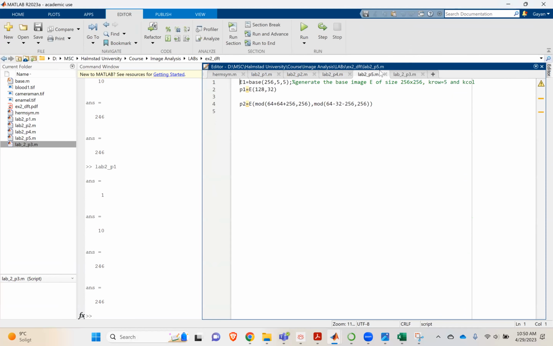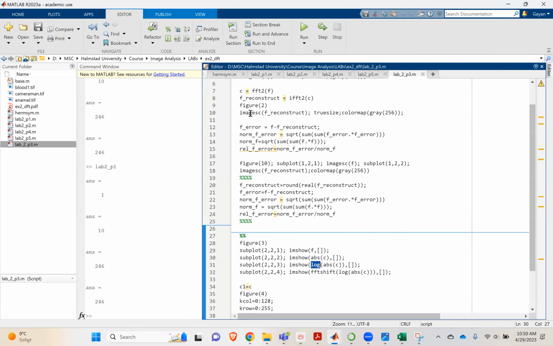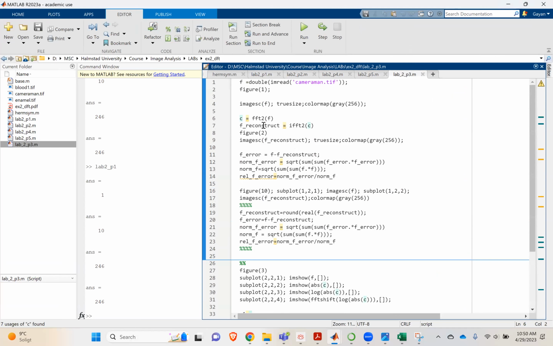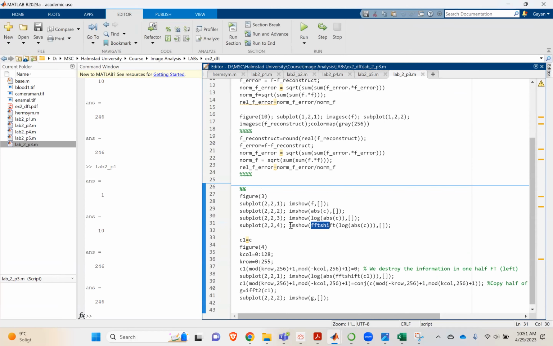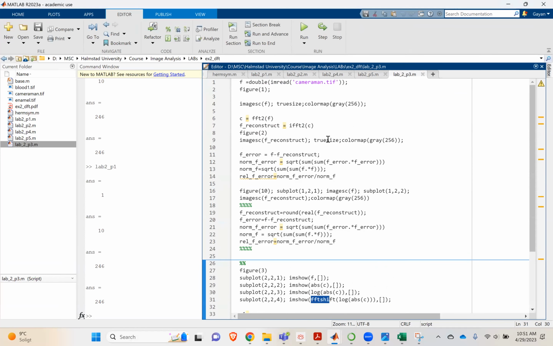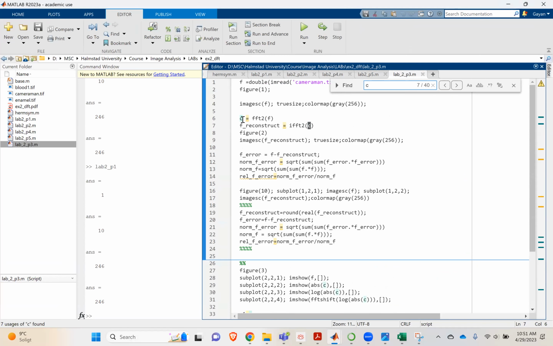I believe it is in C. Then we reconstruct. No, not reconstruct. We need this one, F50 shift. Can you see anything F50 shift in here? Otherwise, we have to reconstruct. We have C here. No, we don't have it. So we'll do one thing.